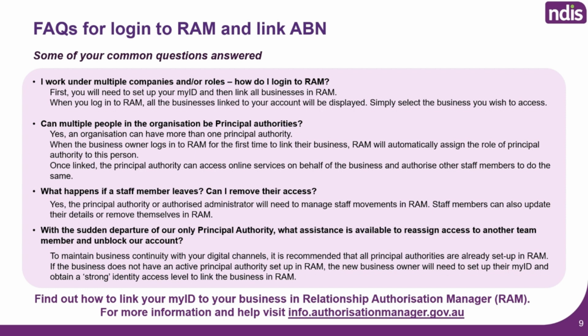You will then need to select the business you wish to access. Can multiple people in the organization be principal authorities? Yes, more than one person can hold the principal authority role, and it's recommended that more than one person holds this role. Therefore, all business owners should link their myID to the business's ABN in RAM.